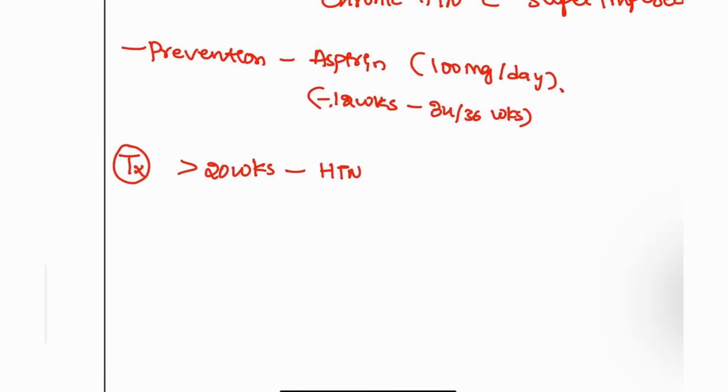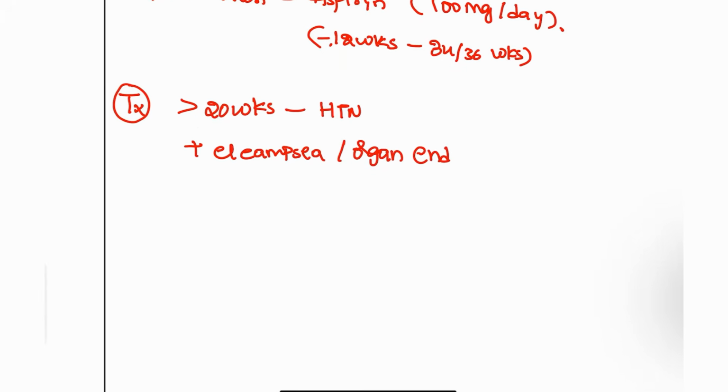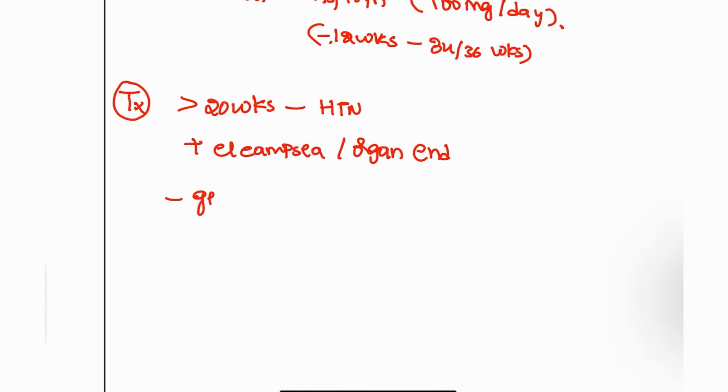But if they are associated with the eclampsia, already they have one seizure, or they are showing the signs of the seizure or multiple organ damage, then what you have to do is, first line is give the emergency drug labetalol. Labetalol should be given, and along with that MgSO4 dose should be given for this patient.